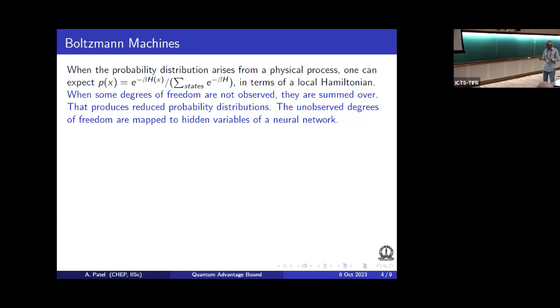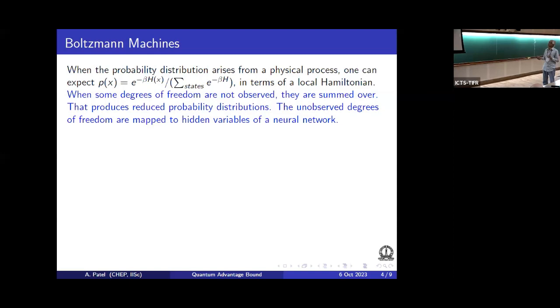The name which appears in connection with unsupervised learning is Boltzmann machines. How did Boltzmann appear in this analysis? It is based on the kind of simple guess that most of the probability distributions which we deal with come from some physical process. And if that is true, then you expect that the probability distribution is given by e raised to minus beta times some Hamiltonian divided by the partition function.